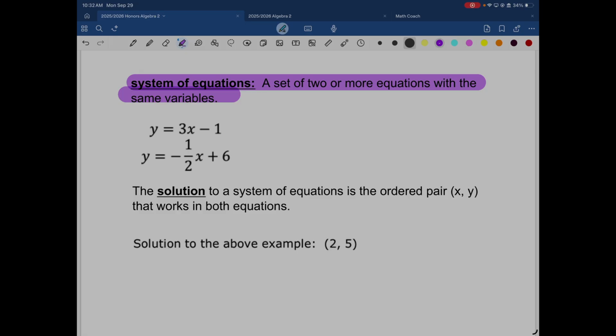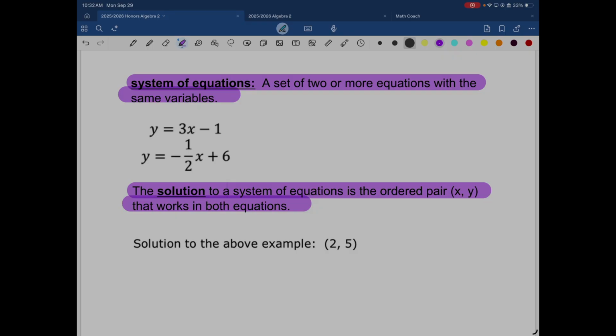What we want to happen when we have a system of equations is we want to make sure that we have a solution. The solution to a system of equations is the ordered pair (x, y) that works in both equations. So we're looking for a point on the lines, in this case, y equals 3x minus 1 and y equals negative 1/2 x plus 6, that they have the same solution.